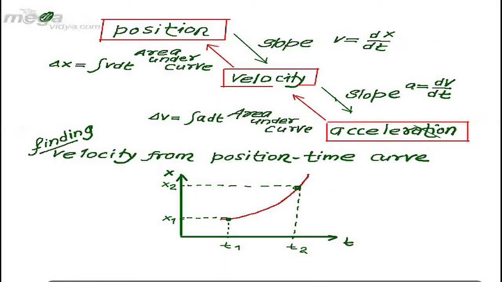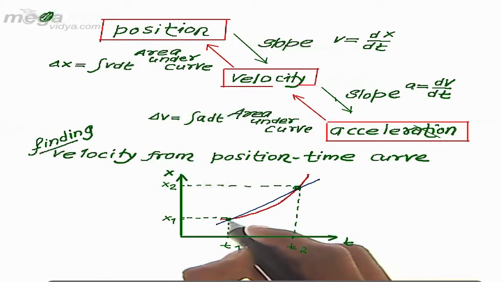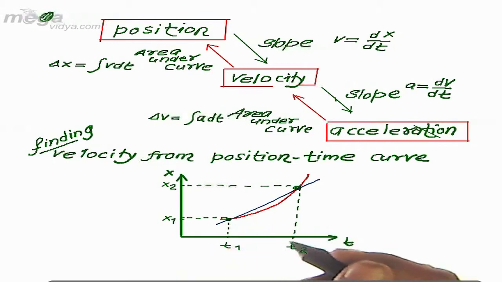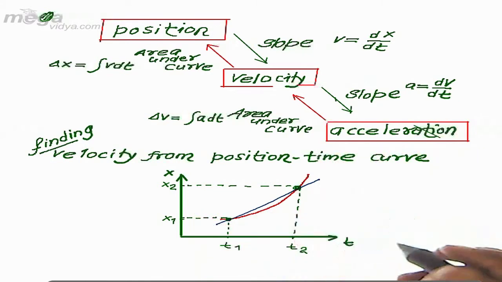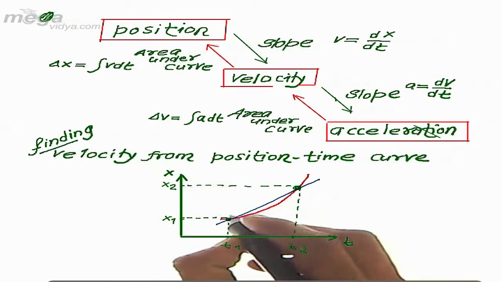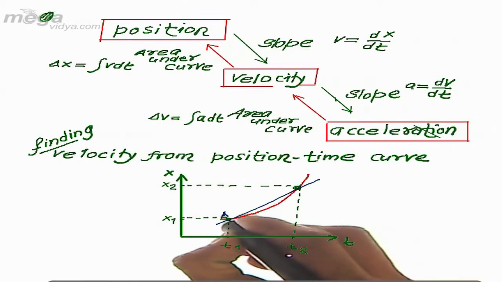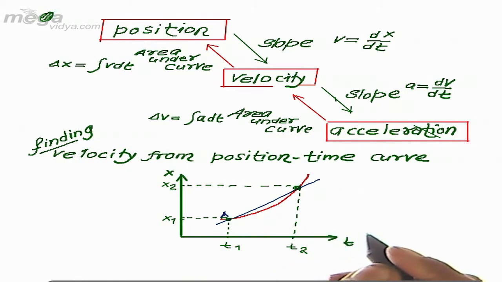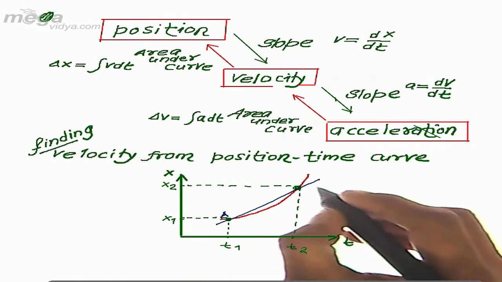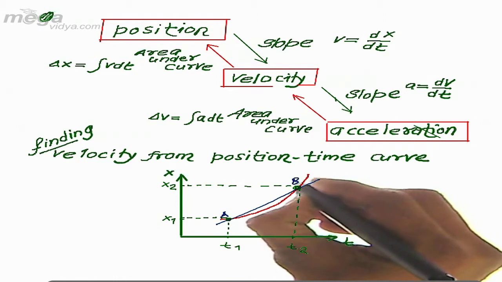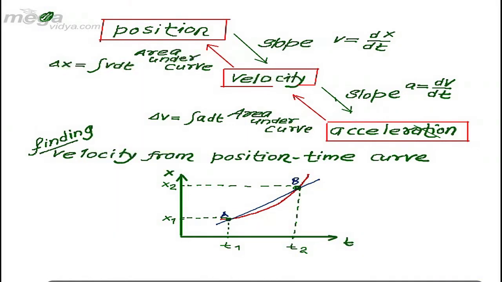If we draw a straight line connecting these two corresponding points on this position time curve, say point A corresponds to the position of the particle at time t1 and point B corresponds to the position at time t2, we can find two basic terms.